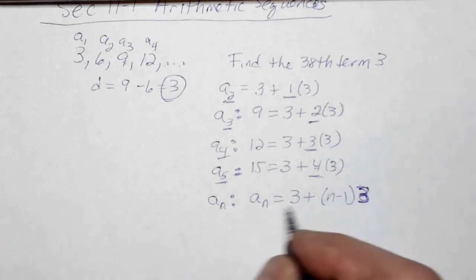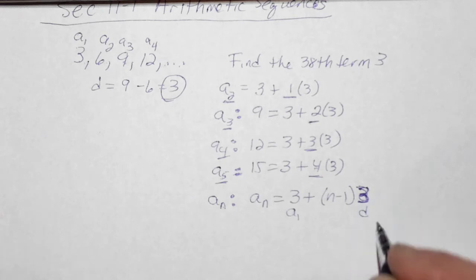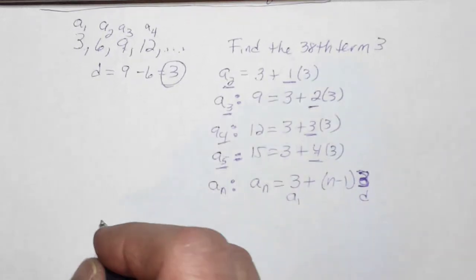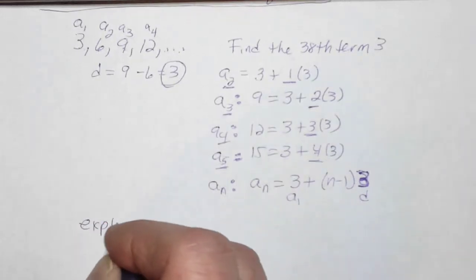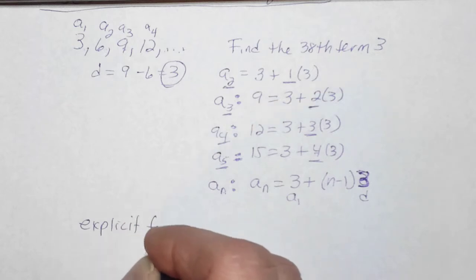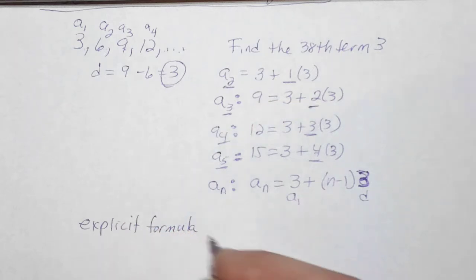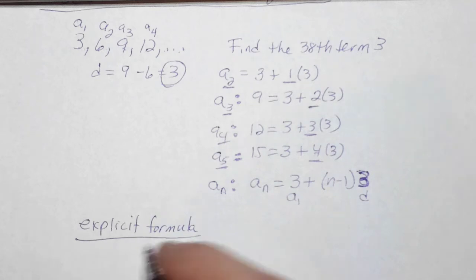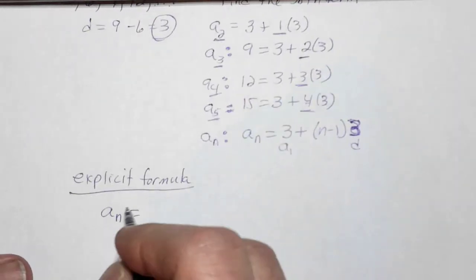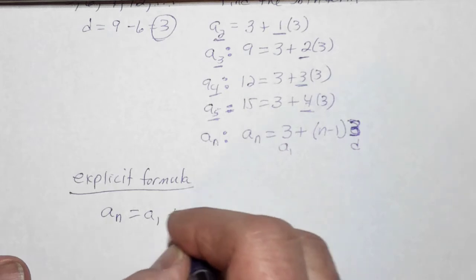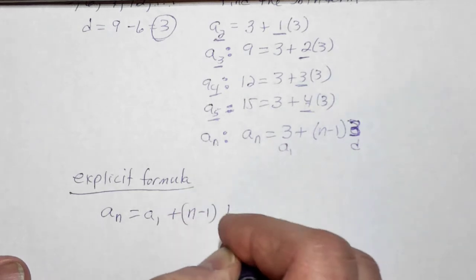So drawing from just a general case where this was a sub 1 and this was d, I could have what's called an explicit formula to find the nth term. A sub n is equal to a sub 1 plus n minus 1 times d.